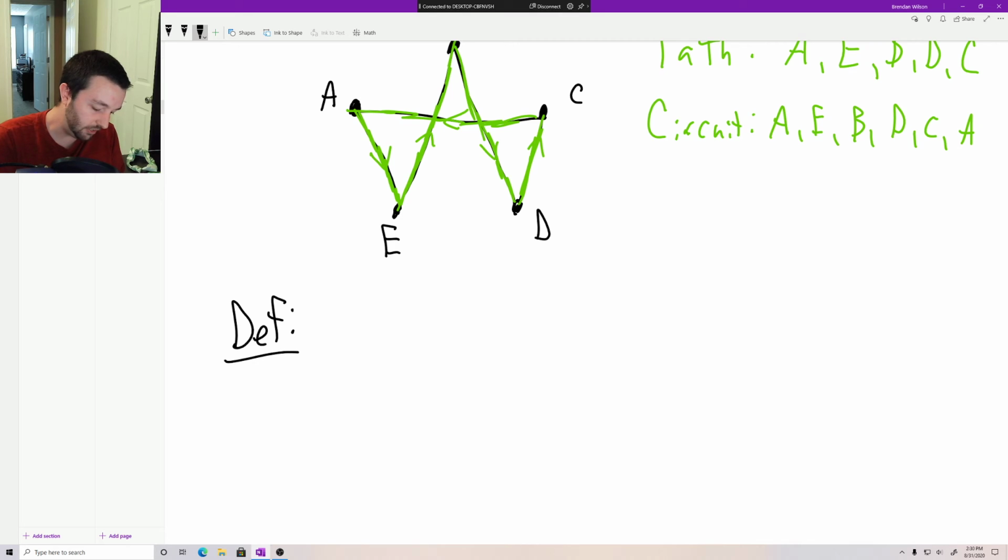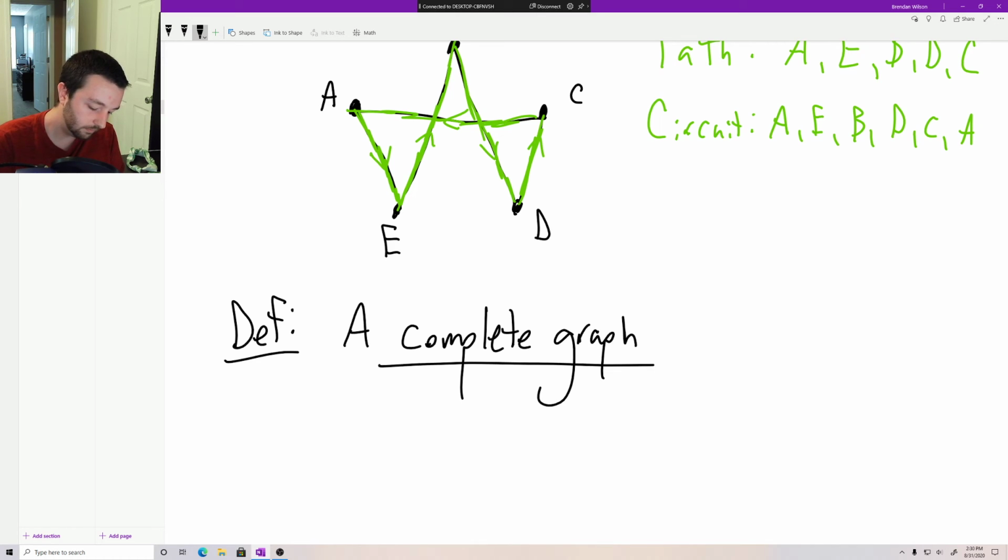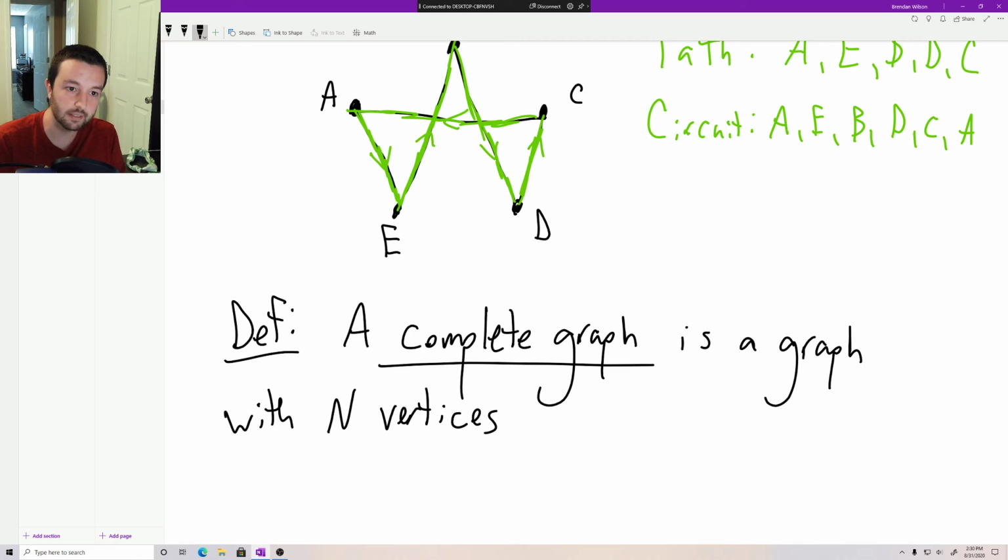So another definition now, a complete graph is a graph with n vertices. So n could be whatever number, like in the graph we have up there, it's 5, right? We have 5 vertices.